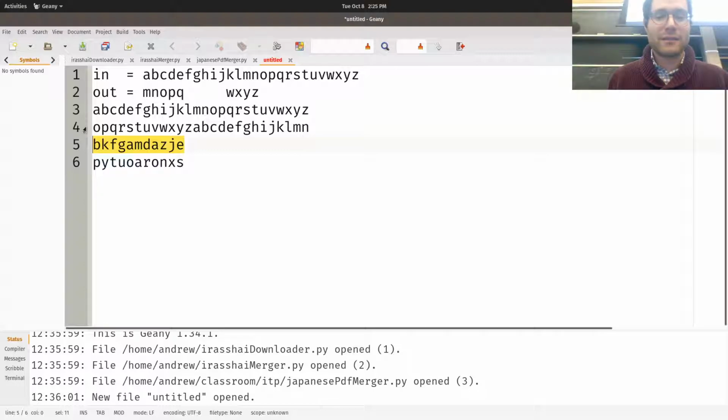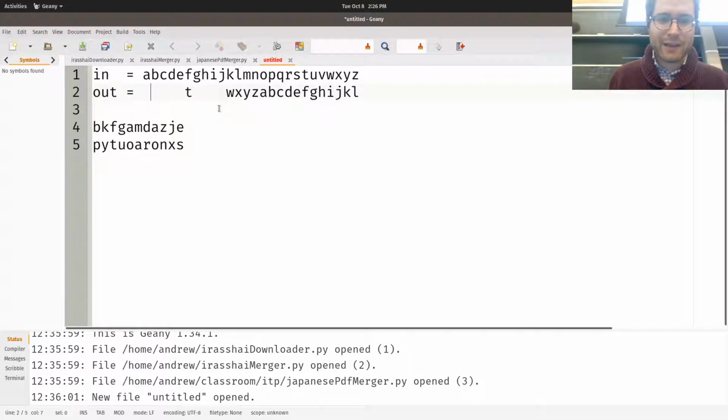Yes? You lined up the cipher to the normal one instead of the normal to the cipher. So you had Y going to K instead of K going to Y, for example. Let's go back to here for a second. So what do I need to adjust then?